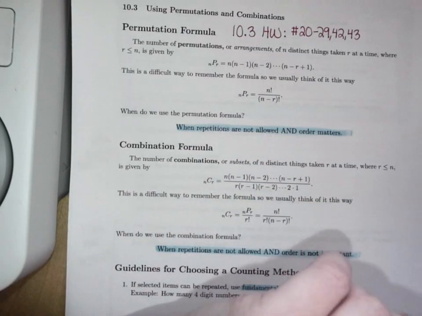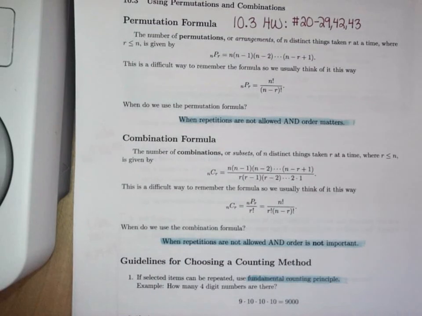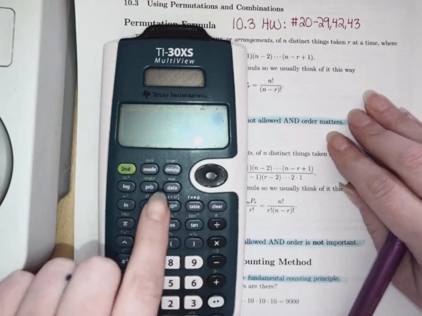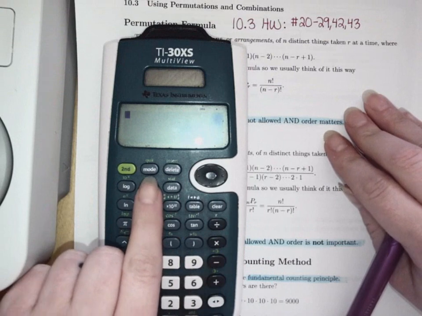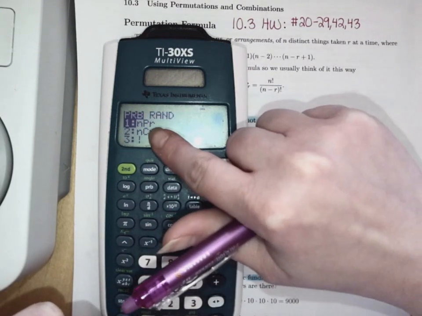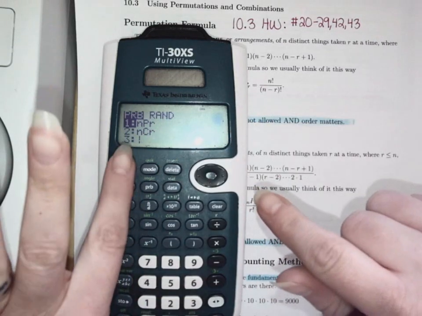Also, if you have a scientific calculator, you should have a probability button. Mine is right there, and I hit that, and then I select which one I need. So if it's permutations, I use number 1. If it's combinations, I use number 2.